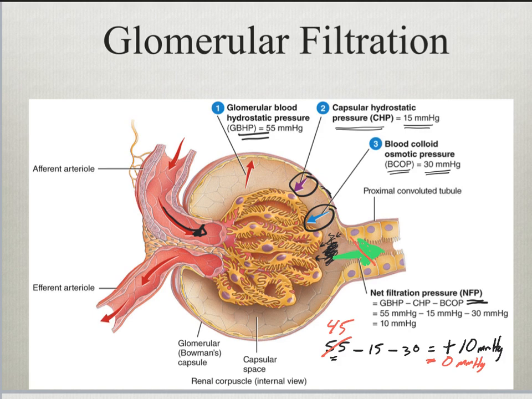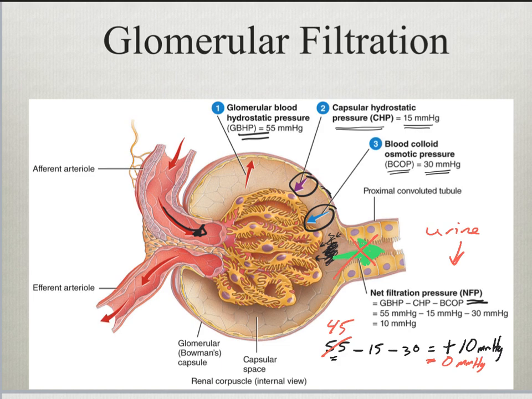So what happens? We have none of this. No net filtration, which means that urine output goes down, and this can be measured by the amount of urine that's being created. Okay? So that's one quick scenario. We will look at other scenarios in a little bit, but I just want to show you what happens when these numbers go awry.